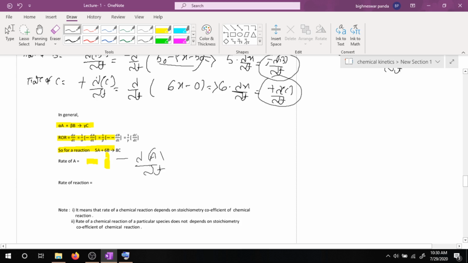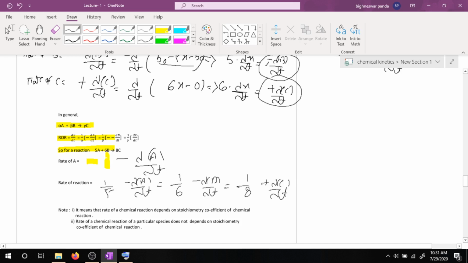While writing the rate of A, I don't require any stoichiometry, but while writing the rate of reaction, I require a balanced chemical equation. So the rate of reaction for that reaction will be 1 by 5 of minus dA by dt, equal to 1 by 6 of minus dB by dt, and equal to 1 by 8 of plus dC by dt.